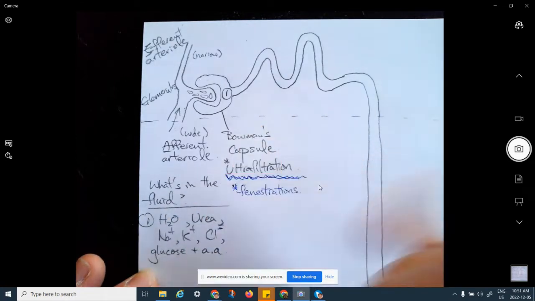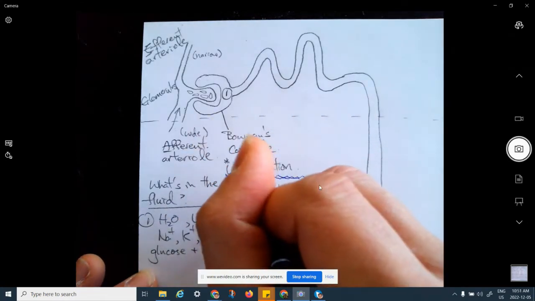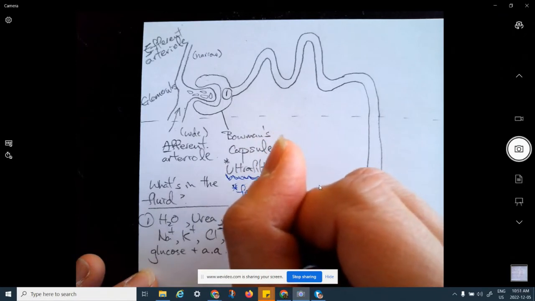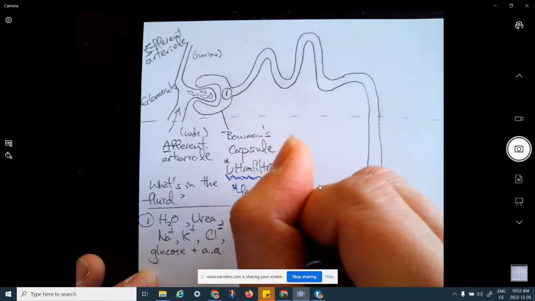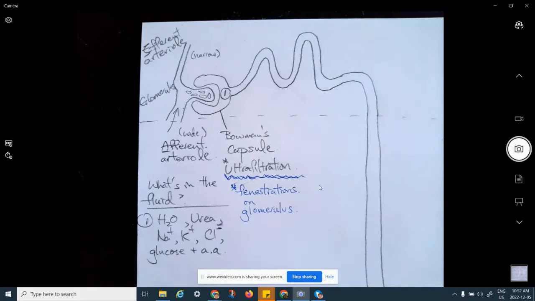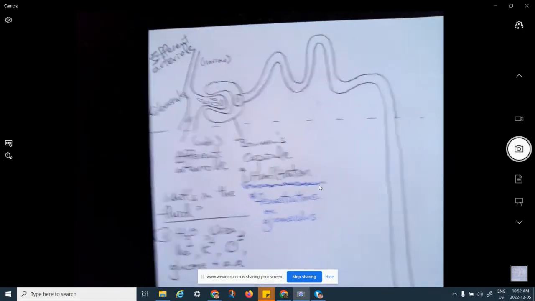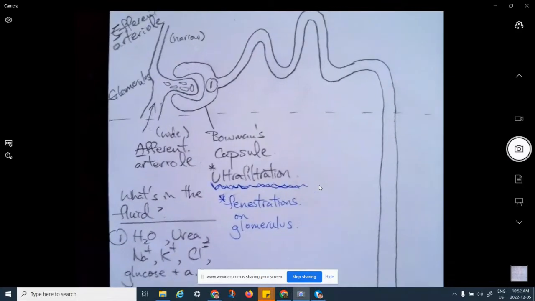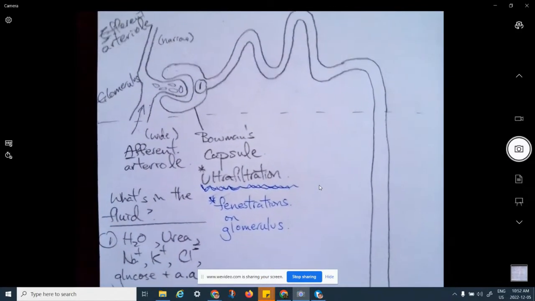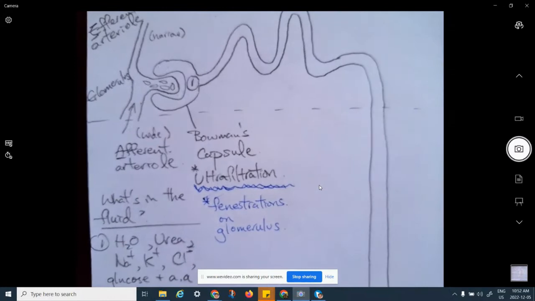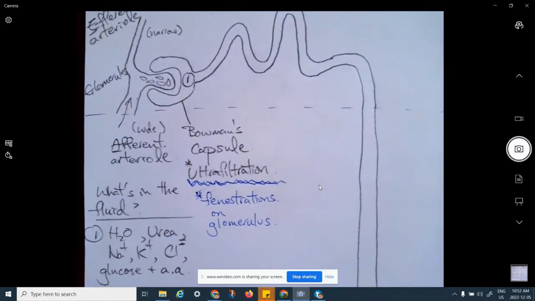Fenestrations on glomerulus. Okay, let me know. I'm going to zoom in a little bit more. Hopefully that will give you a clear vision of what's going on.